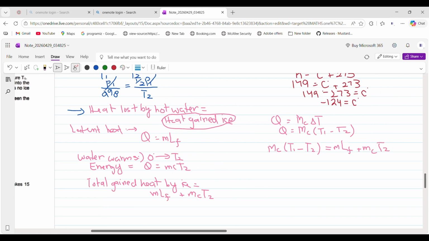They have asked us to find m, which is the mass of the ice.